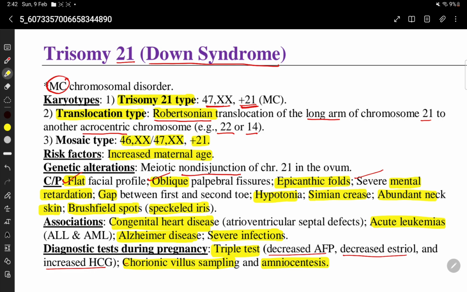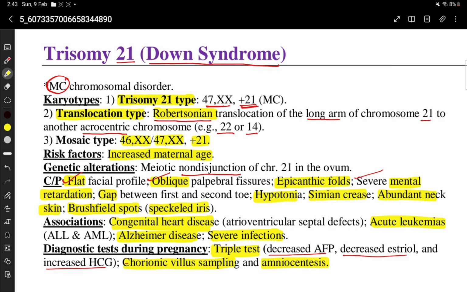So trisomy 21 or Down syndrome is the most common chromosomal disorder. Karyotype has 3 types: trisomy 21 type, translocation type and mosaic type. Trisomy 21 type means 47,XX plus 21; this is the most common type.